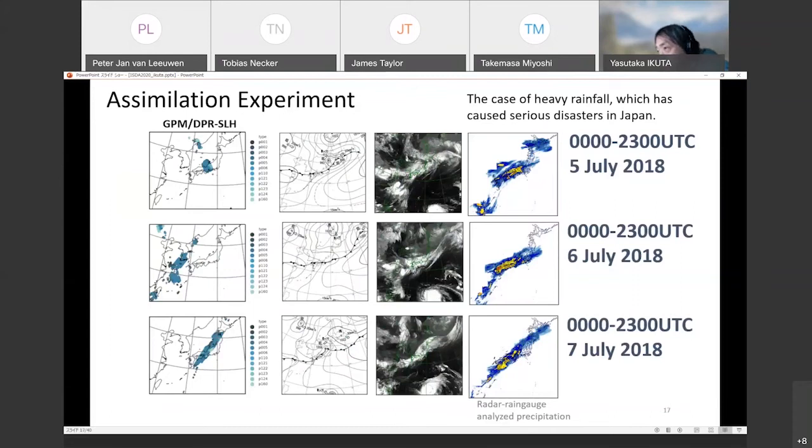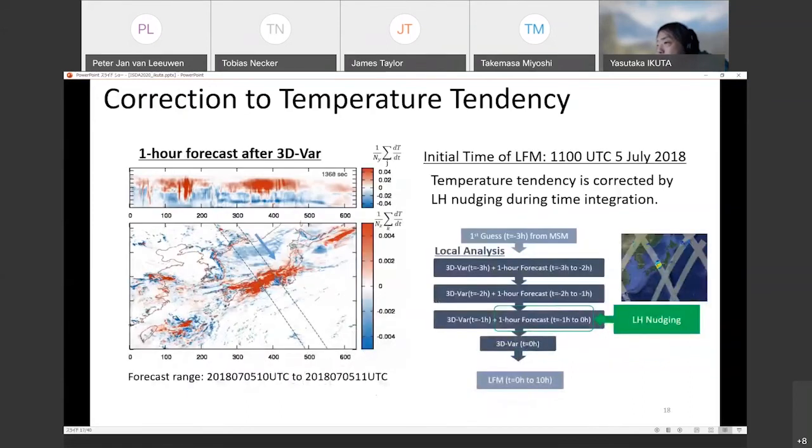So I'd like to show the result of the data assimilation using actual observations. The experiment was conducted for a case of heavy rainfall, which caused a serious disaster in Japan. The left panel shows the distribution of DPR SLH. This movie shows the latent heat of the model.